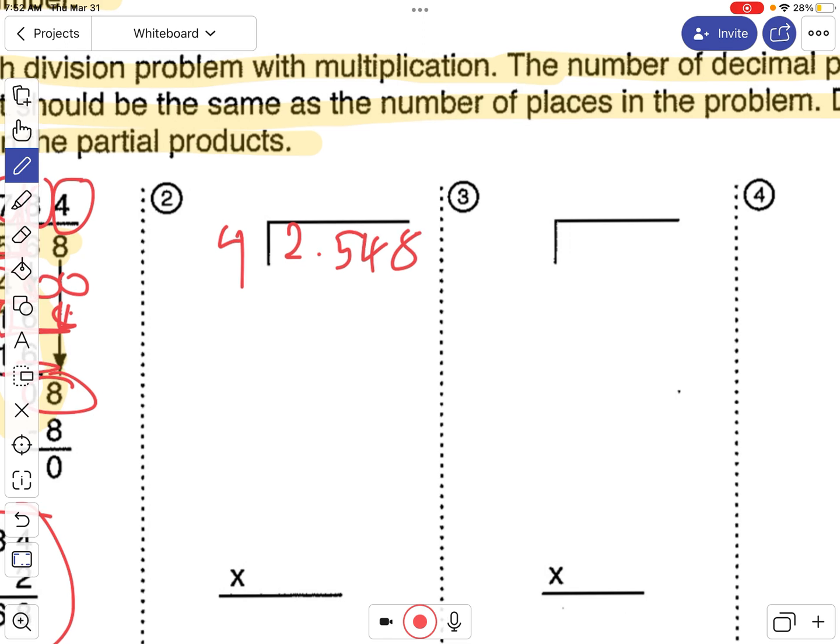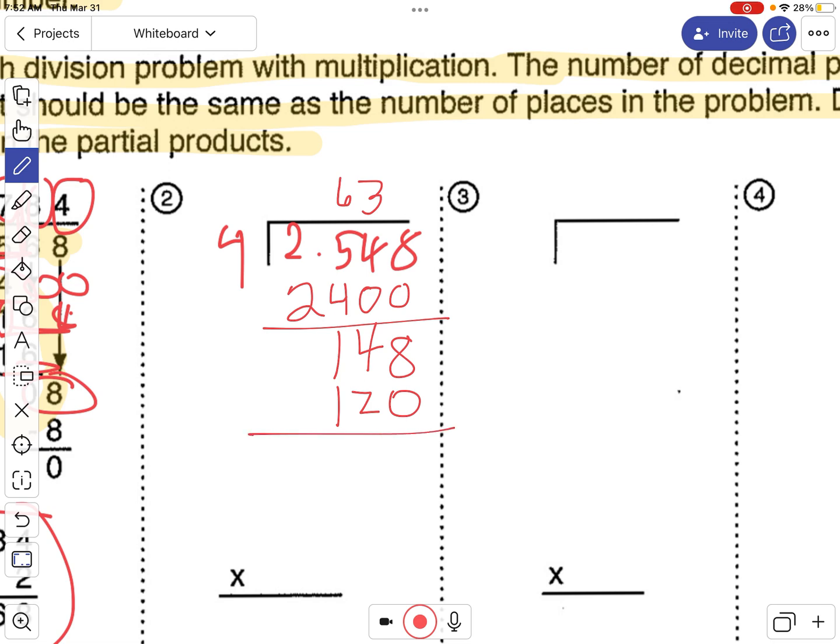So what you should have done here is put 4 into 25. That goes 6 times. 6 times 4 is 24. You can fill in the zeros there. And then 8 minus nothing is 8, 4, and 1. Now we're going to do 14 divided by 4, which is 3. 3 times 4 is 12, or 120 in that situation.